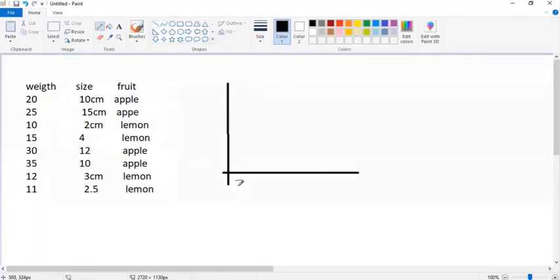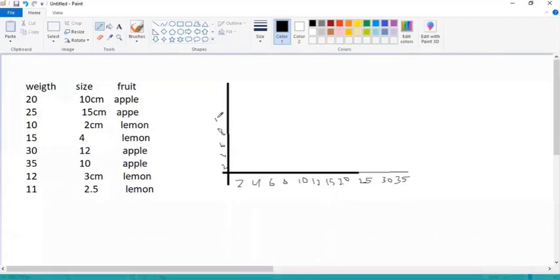So here we have 2, 4, 6, 8, 10, 12, 15, 20, 25, 30, 35 for weight, and for size 2, 4, 6, 8, 10, 12, 14, 16, let's suppose. So now let's plot the graph.